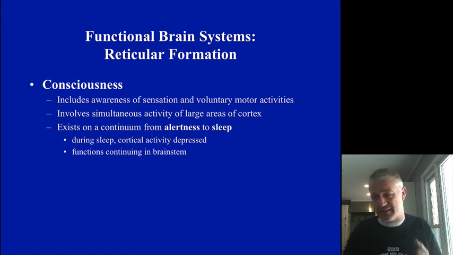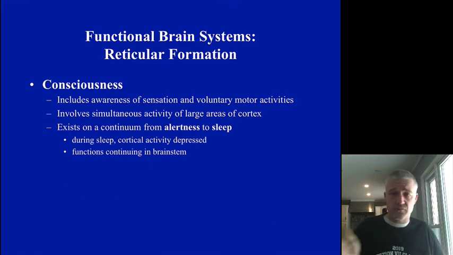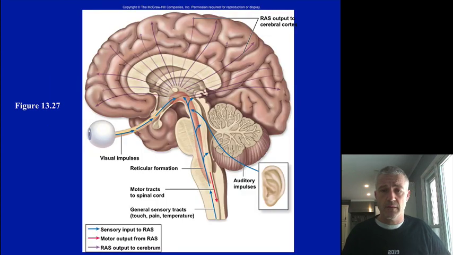And it is on, like I said, that continuum from sleeping to fully alert. Again, some of this cortical activity of the cerebrum is depressed during sleep. A lot of the functions in the brainstem continue to go on. But this is again showing you that reticular activating system and how it is parts of the brainstem and midbrain and cerebral cortex.